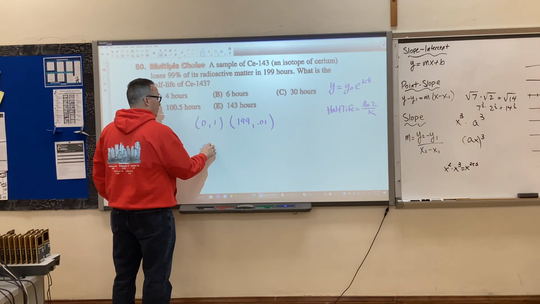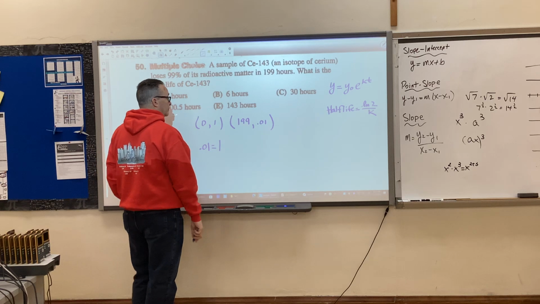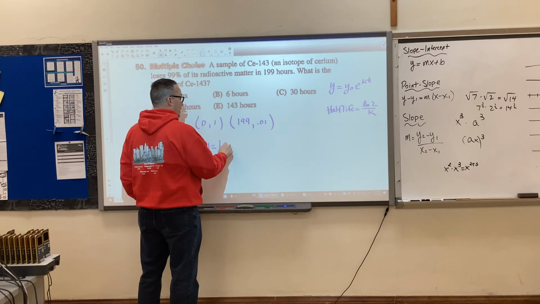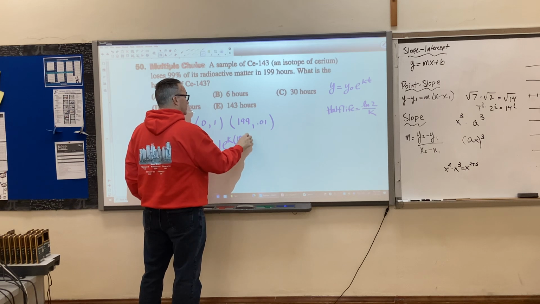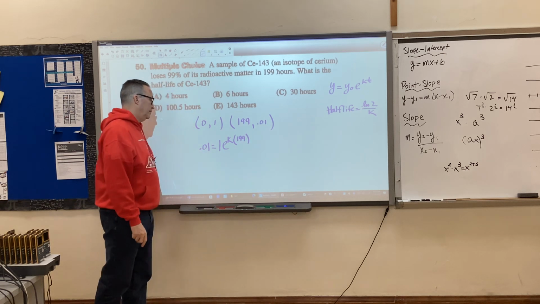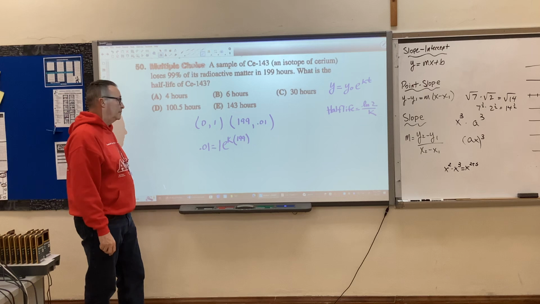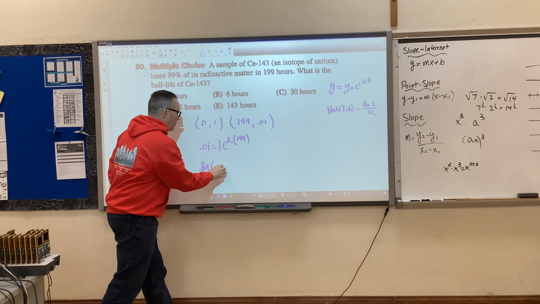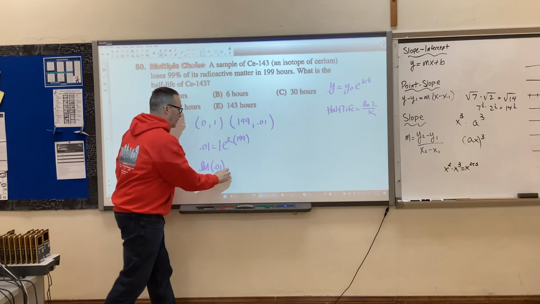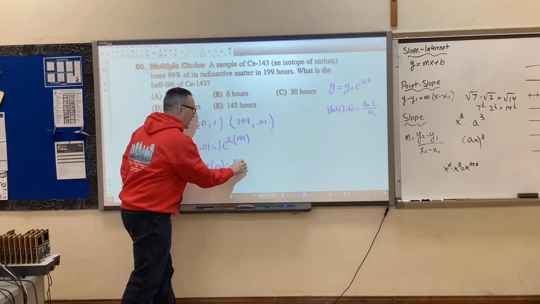0.01 equals 1 times e to the k times 199. Natural log of 0.01 equals 199k.